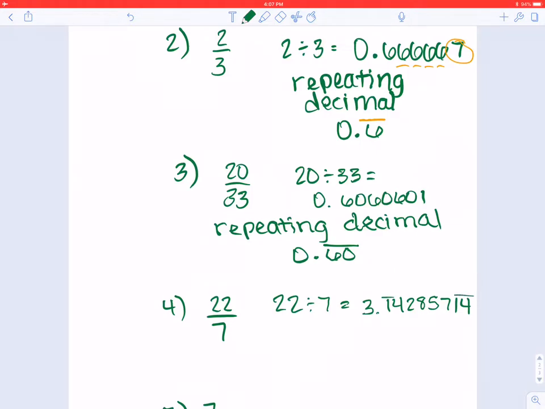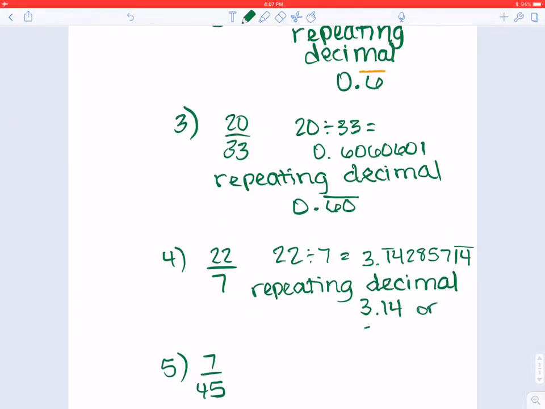So we're going to call this a repeating decimal because it does not have a clear end. And we can see that it's starting to repeat. And we can round this off to 3.14. Or you can say 3.142857 and put a bar over all of this.